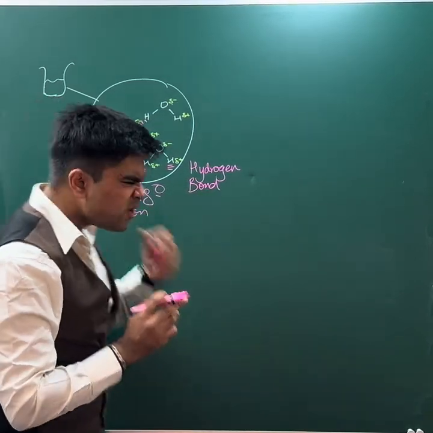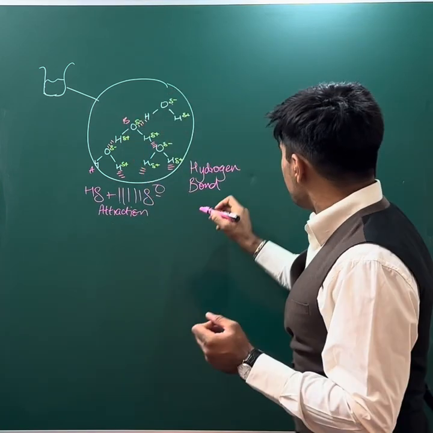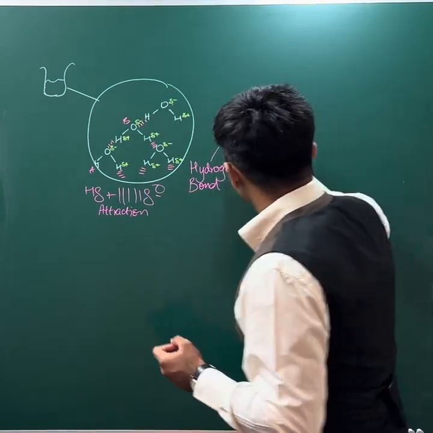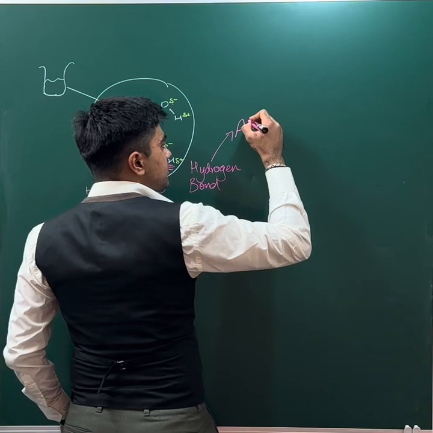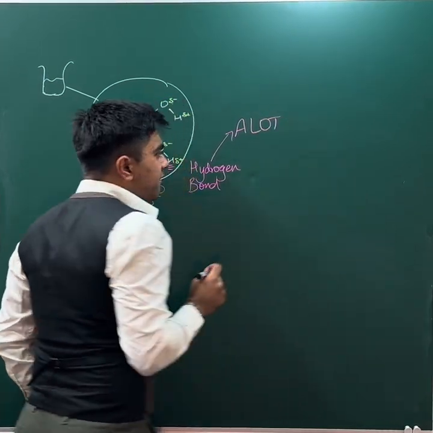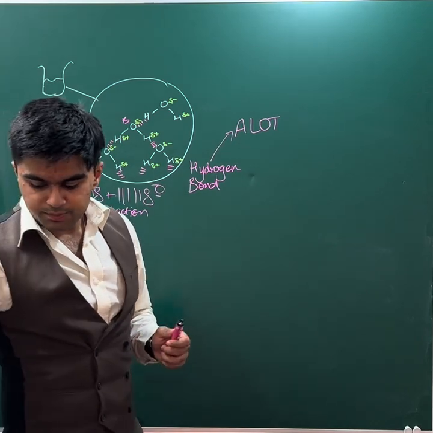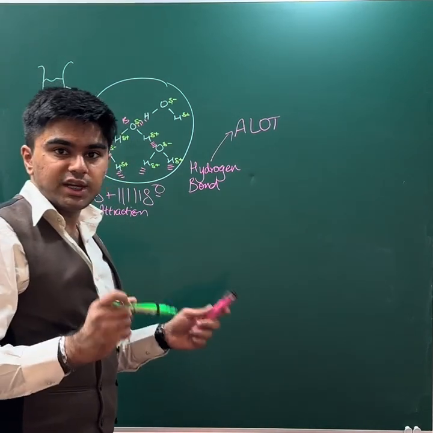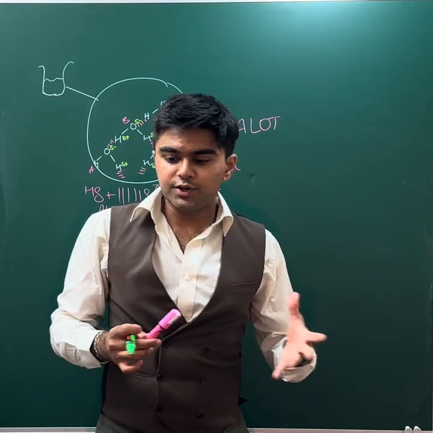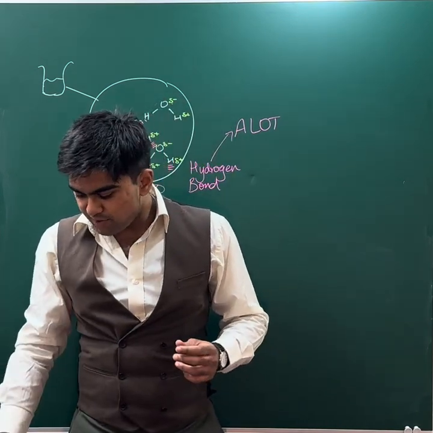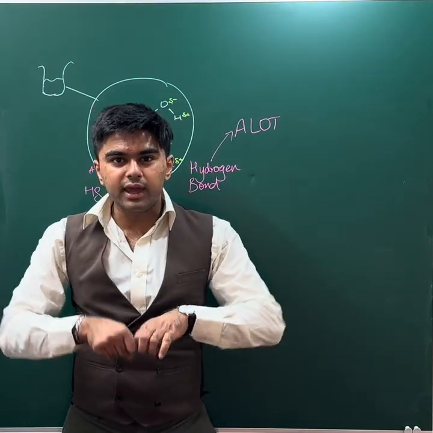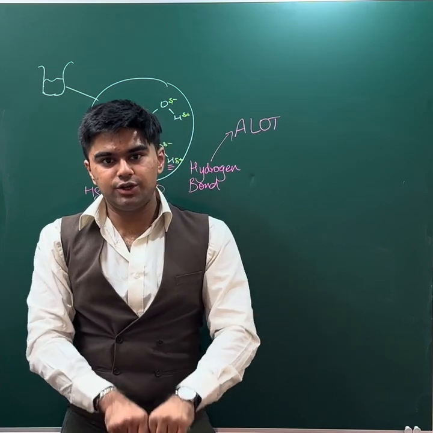Now we've got so many of these hydrogen bonds, a lot of these. If I've got a lot of these hydrogen bonds, what's going on? Well, these hydrogen bonds all require some energy to break. If I've got, for example, a piece of wood and I'm trying to break it, I need to exert energy onto that piece of wood.